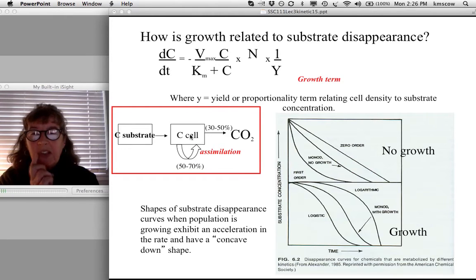By the way, someone was asking about greenhouse gases and climate change and using microbes to help offset greenhouse gas production, or to help assimilate CO2 in carbon sequestration. And this assimilation rate, I think I mentioned in my response to that question on Piazza, is higher in fungi.